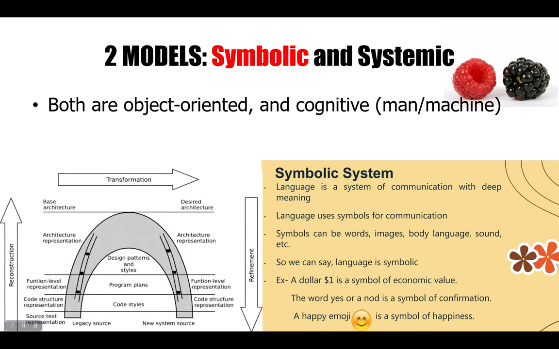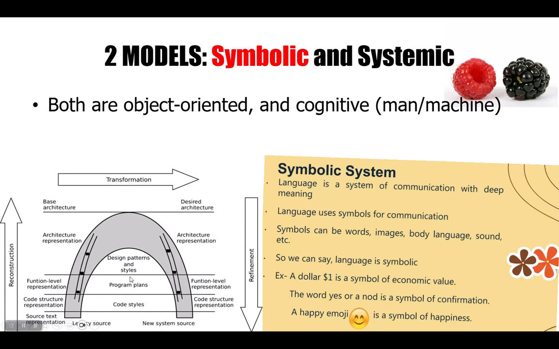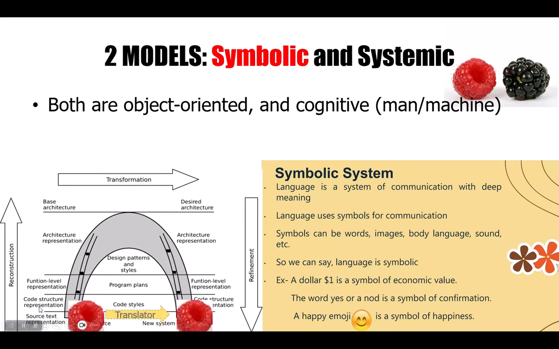And this symbol here is from systemic approach to source code. The red color, it is symbolic code. It can be translated from one language into another language, and then systemic approach is a transformation from basic architecture here into desired architecture.